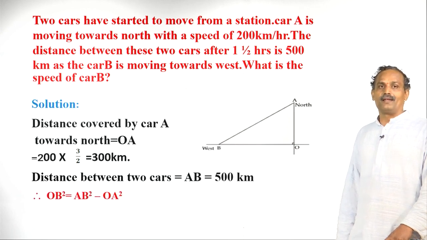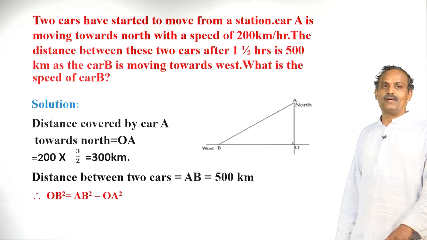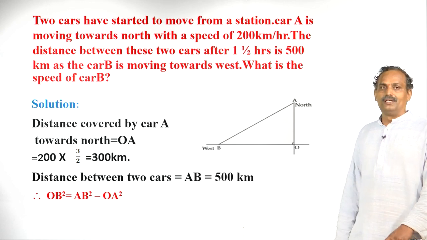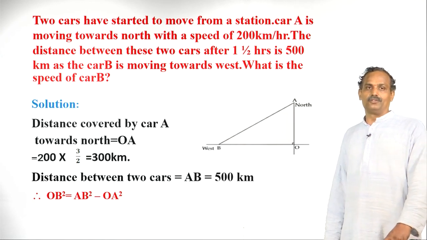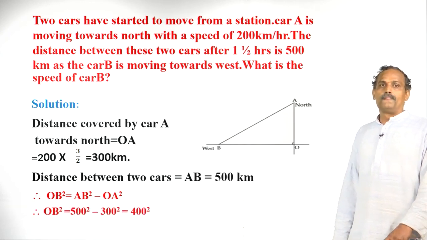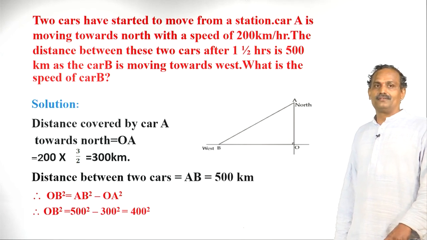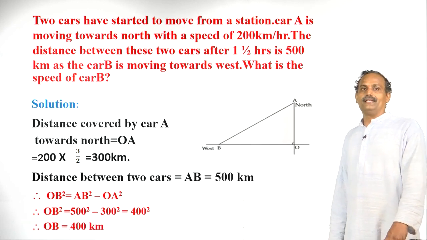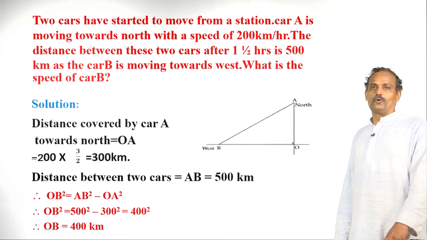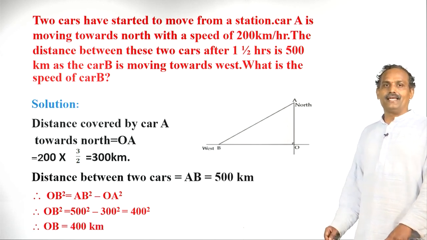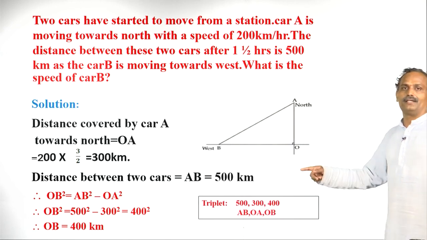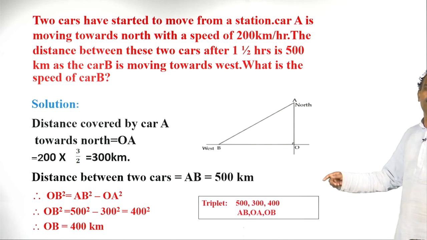So, from Pythagoras theorem, OB square is nothing but AB square minus OA square. I have rearranged the statement of Pythagoras. Now, OB square is 400 square and we can easily find OB as 400 kilometers. The same thing can be found by using the triplet, and the triplet here is 500, 300 and 400.